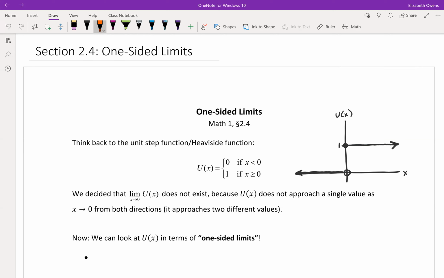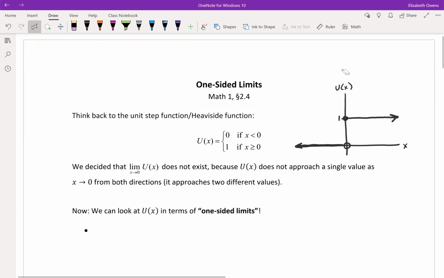But as you may suspect now, things are going to change. We are not going to look specifically at the general overall limit like we were doing before. We are going to look at u of x in terms of one-sided limits.